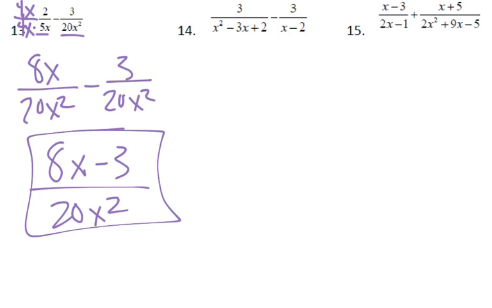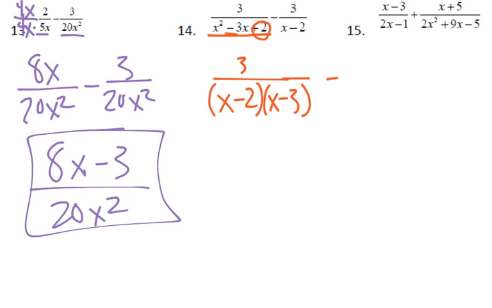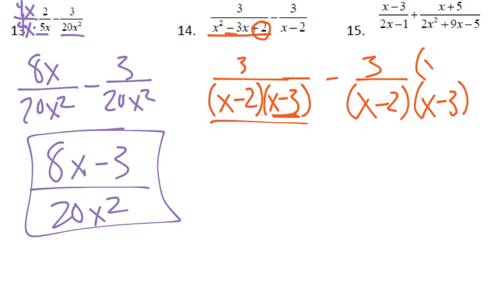Okay, now 14. If I simplify this, I would get x, because factors of 2 that add up to negative 3, x minus 2 times x minus 3, minus 3 over x minus 2. Now, to get the right side to have the same denominator, we've got to multiply by this guy. Remember, with fractions, if we multiply by bottom, we multiply by top. So I end up with this on the bottom, or I could leave it like that, either one.